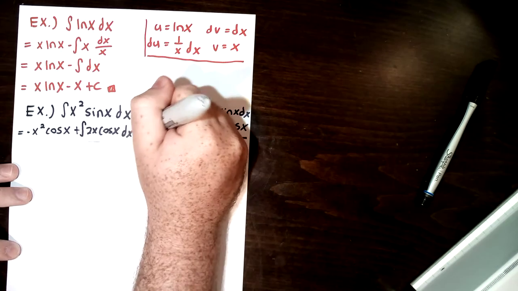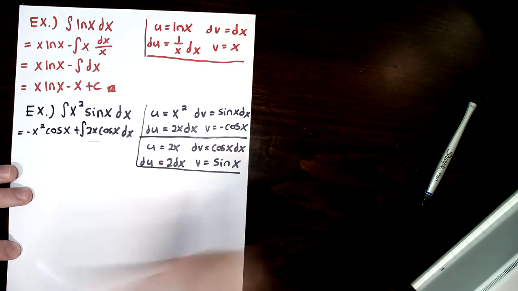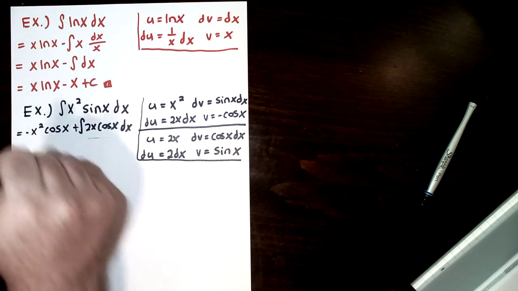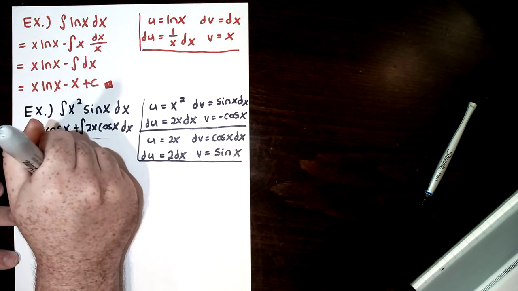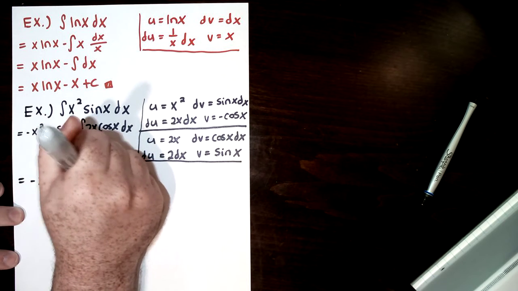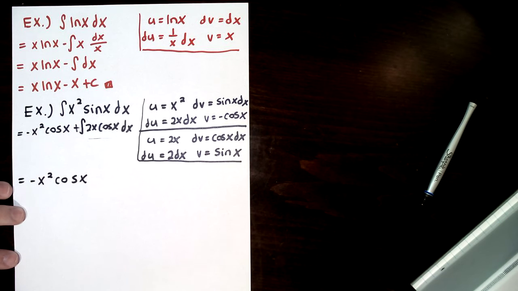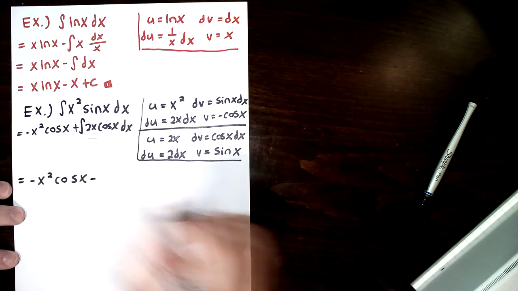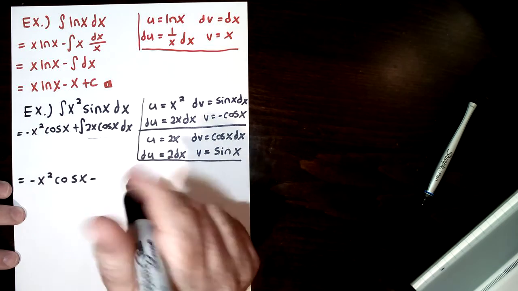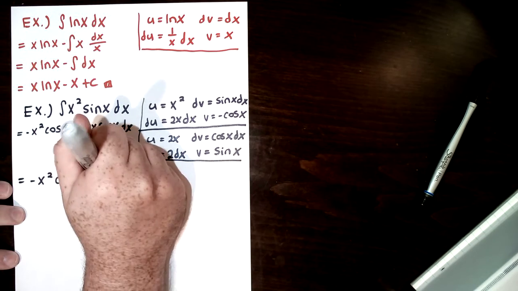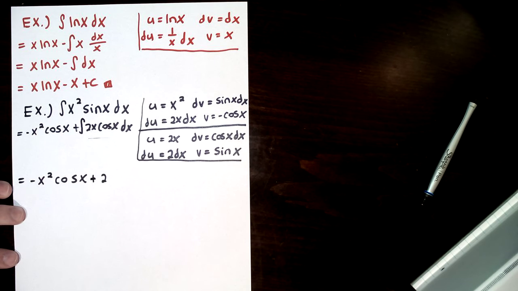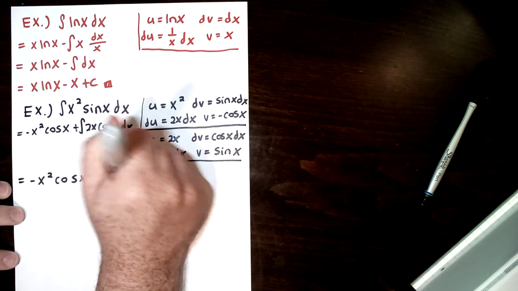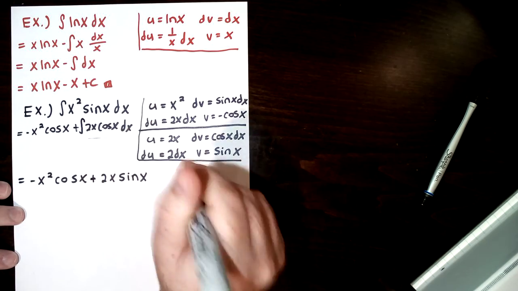And this is all of our assigned work, so I'll go ahead and structure that appropriately. So what we obtain is, well, negative x squared times the cosine of x. Now we'll do the second part, uv, so 2x sine x. And it'll be plus, my apologies, plus 2x sine x minus the v du.